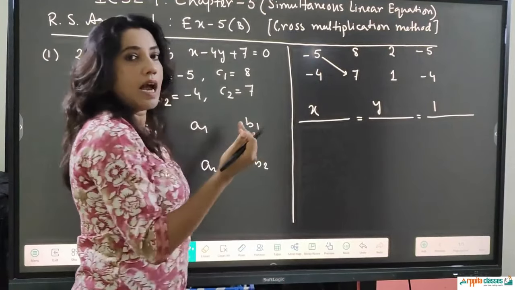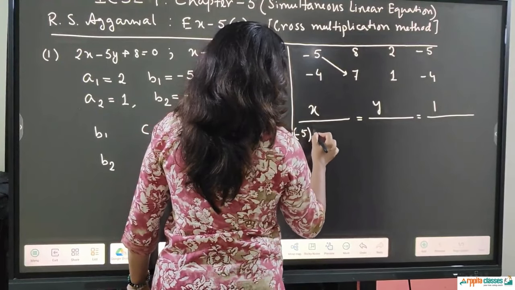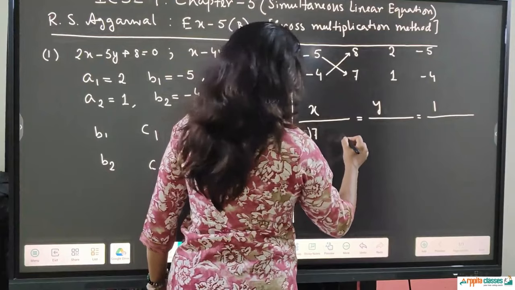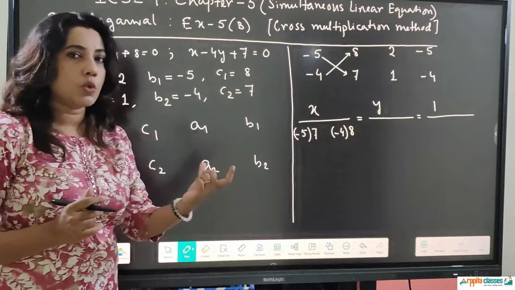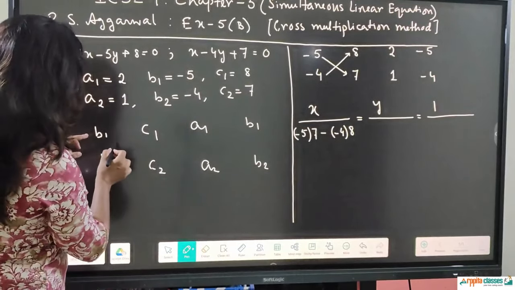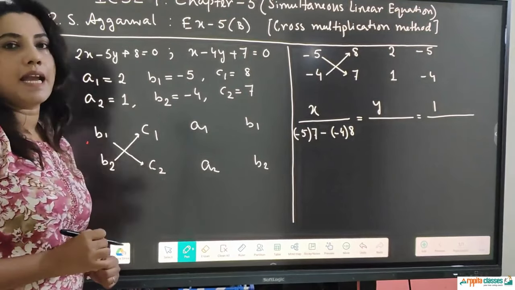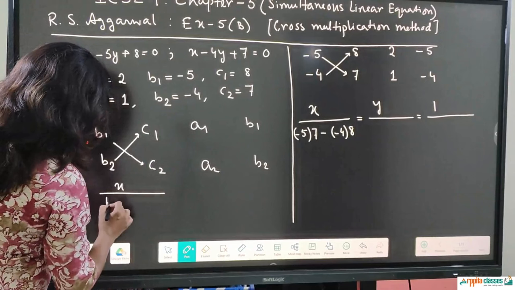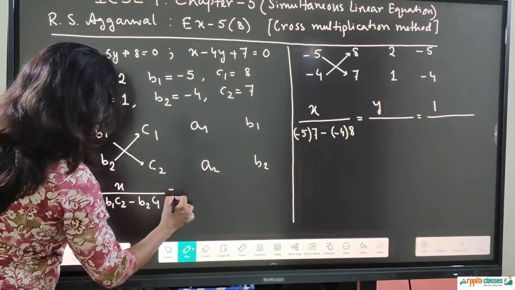So under x, we are going to write minus 5 into 7 and minus 4 into 8, with a minus sign between them. So basically I did B1 C2 minus B2 C1. So under x we are writing B1 C2 minus B2 C1.